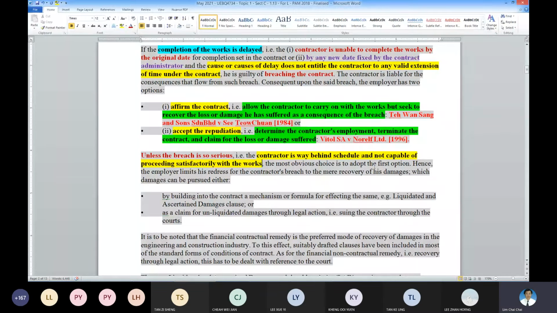Unless the breach is not so serious, then number 1. If it's serious, it will be number 2. So unless the breach is so serious, that means if it's not a serious case, then the employer will have the first option.